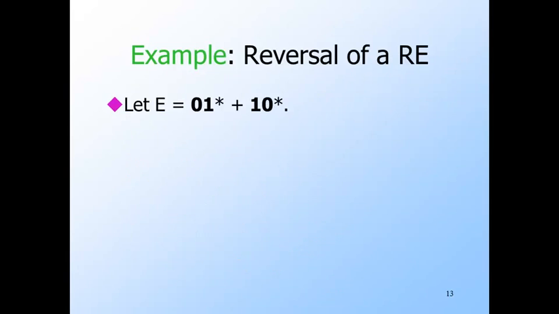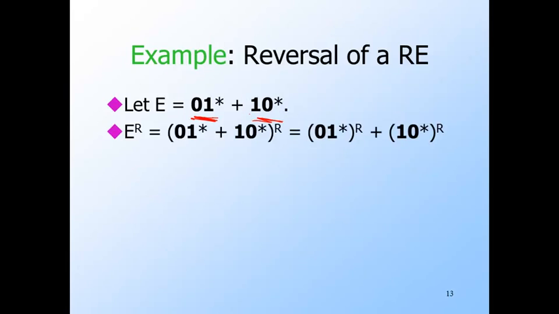Let's reverse this regular expression. Its language is all strings of zeros and ones such that the first bit never again appears. That is, the strings are either a 0 followed by any number of ones, that's this part, or a 1 followed by any number of zeros, that's that. The outermost operator of this expression is the plus, and the way we reverse a sum of two expressions is to reverse each expression separately.